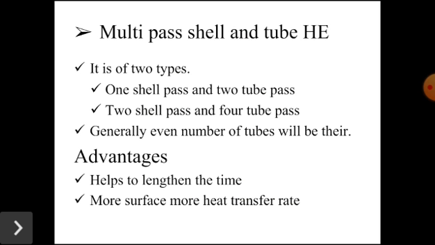That means you can see four U designs inside the shell and tube arrangement. Generally an even number of tube passes will be there. Advantages: it helps to lengthen the time and gives more surface, hence there will be a higher heat transfer rate.